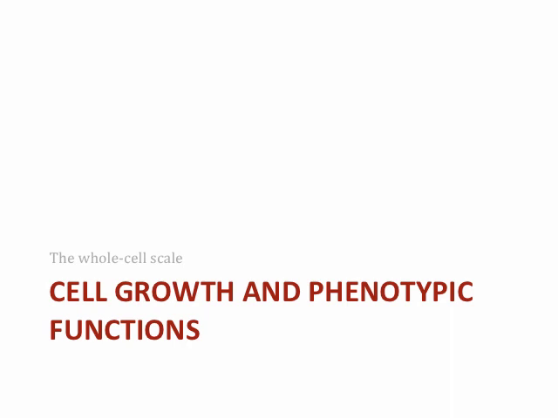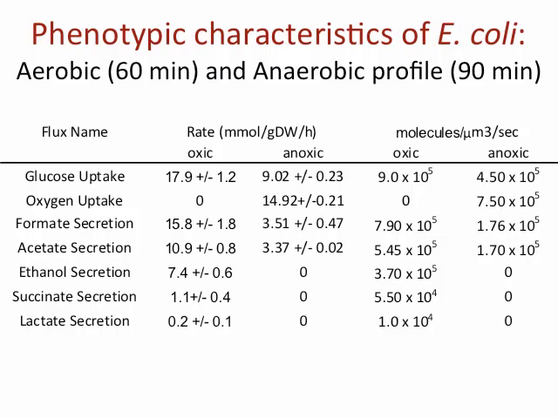Finally, we're going to talk a little bit about cell growth and the phenotypic functions. So a lot of information is available about exchange rates, as mentioned in chapter 6. When you have an open system, the exchange rates are often amenable to measurement, and this here shows the nutrients flowing into E. coli, glucose in this case, and then the byproducts being made.